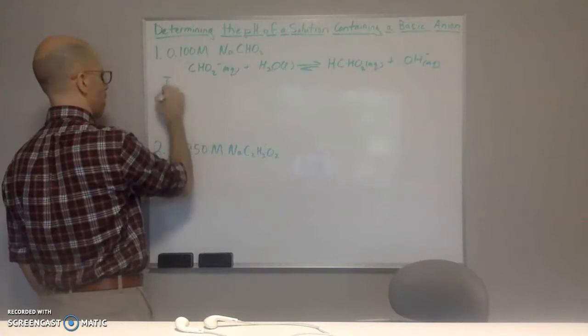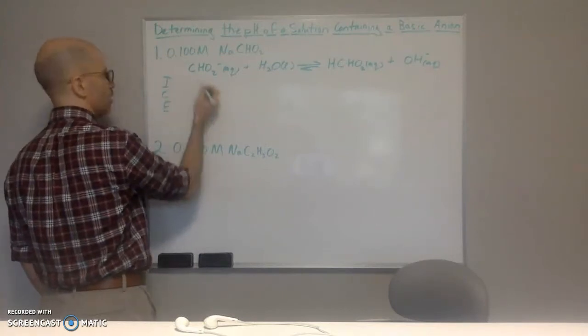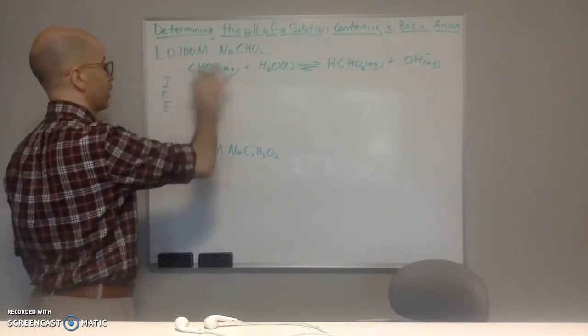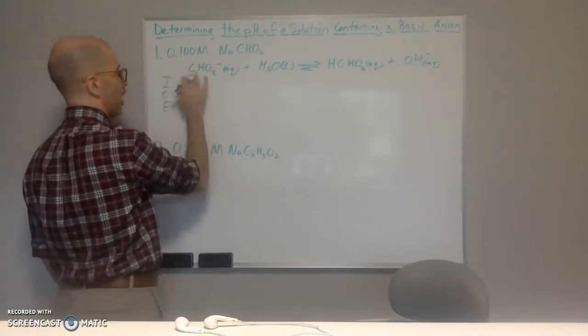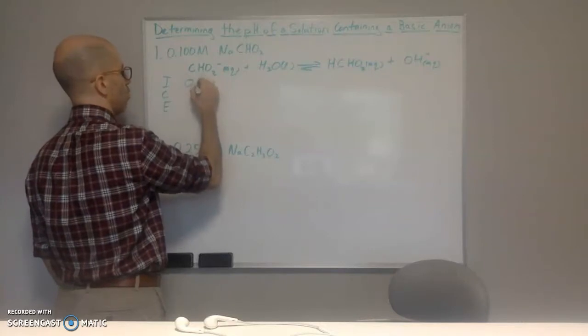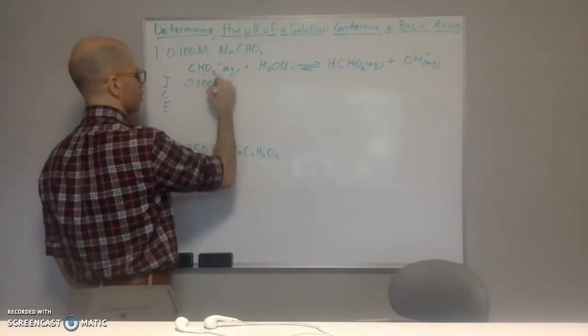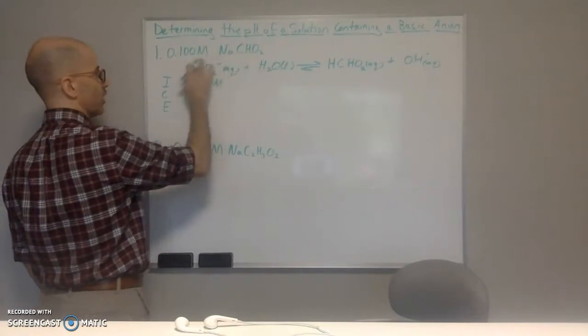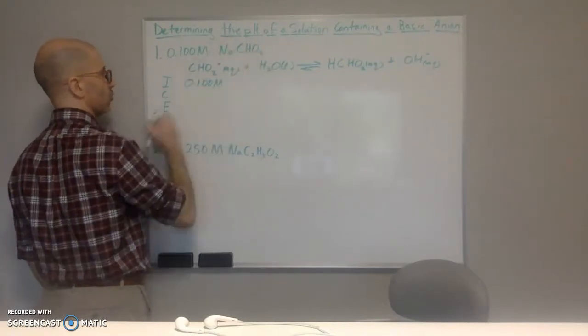We're going to set up our ICE chart. So the initial concentration from the beginning for this anion is going to be 0.100 molar because the ratio of the whole to the part is 1-to-1.